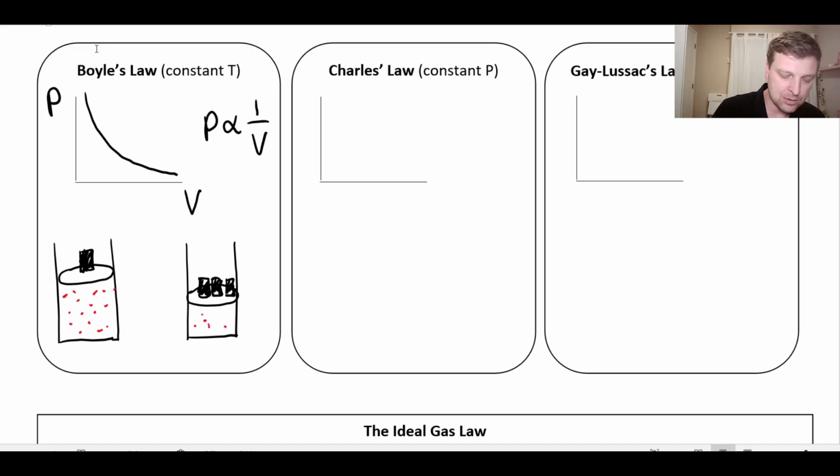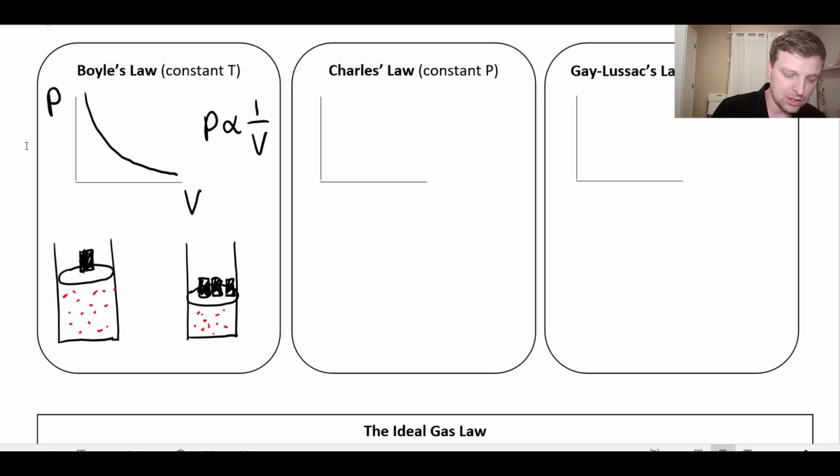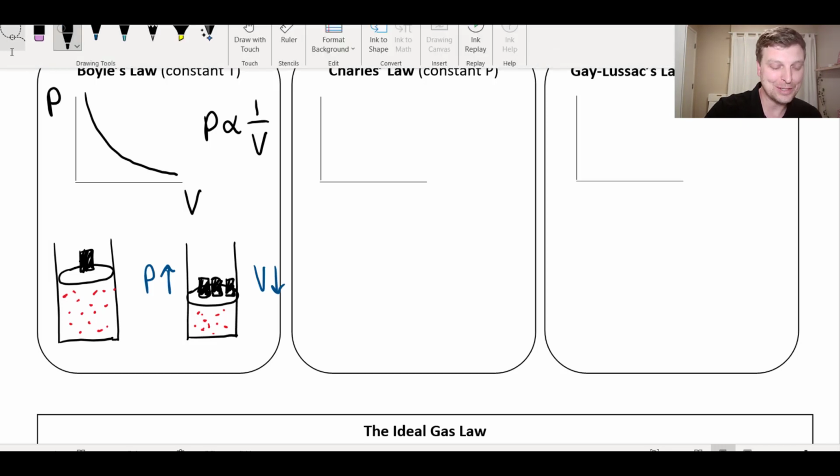So because the particles in here are at the same temperature, they still have the same amount of kinetic energy on average, they're not going to be able to support that greater pressure unless the particles are closer together. And so we can see here pretty clearly that if pressure goes up, then volume has to go down. And that's a pretty clear relationship, I think. So let's look at this second one, which is sometimes called Charles's law.